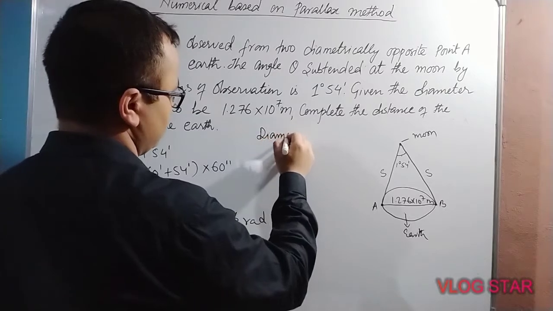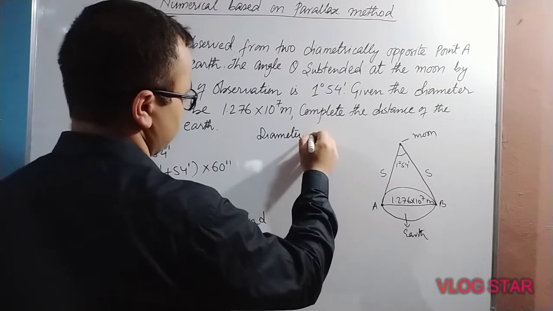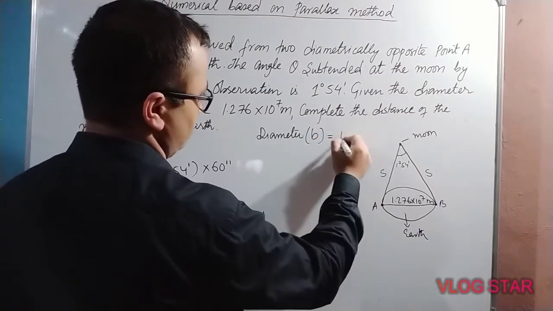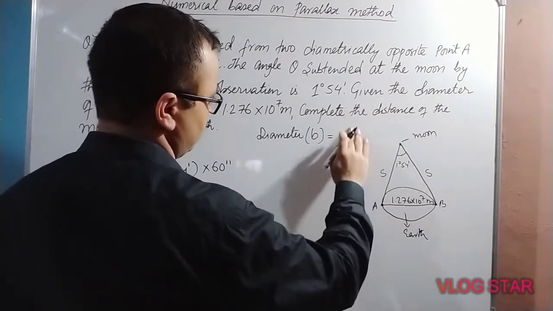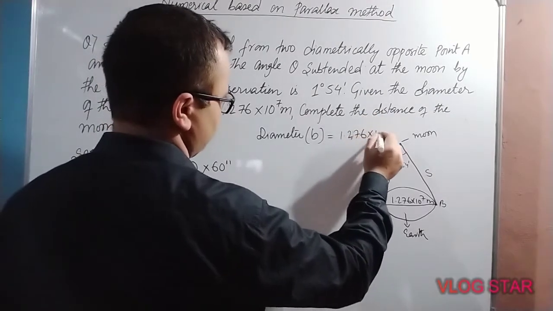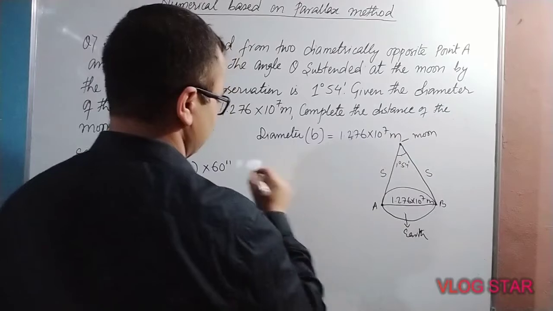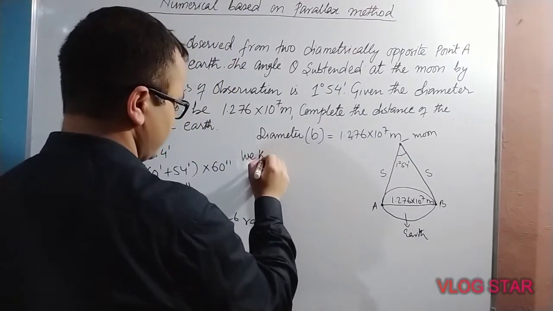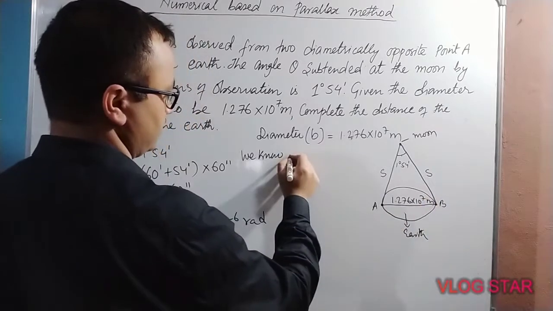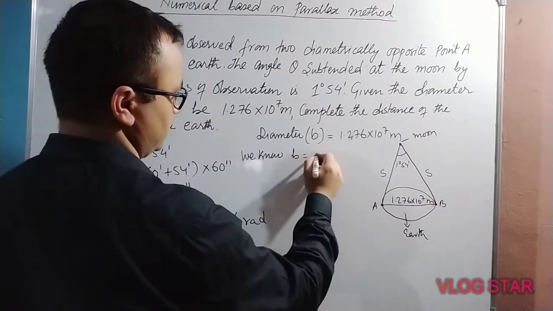Diameter is represented by b equals 1.276 into 10 to the power 7 meter. We know that this is considered as the length of arc. b equals theta into radius.